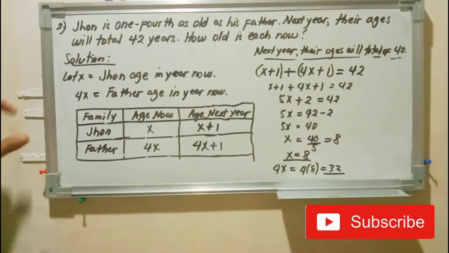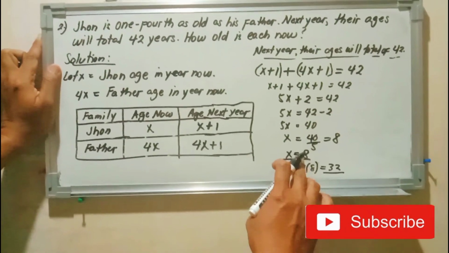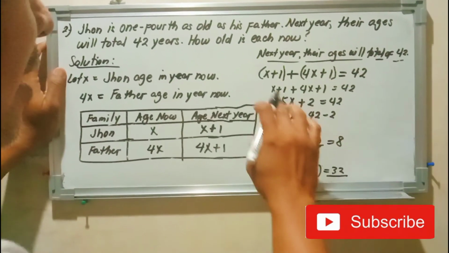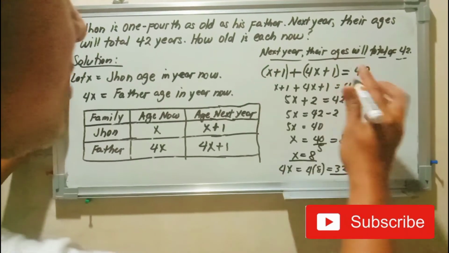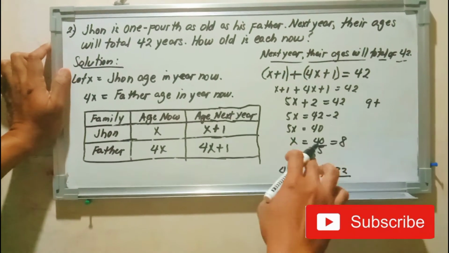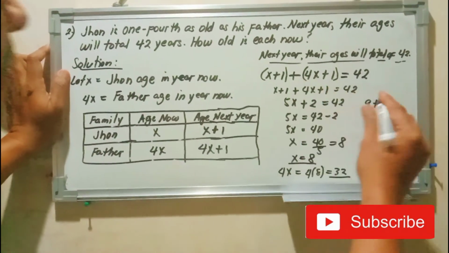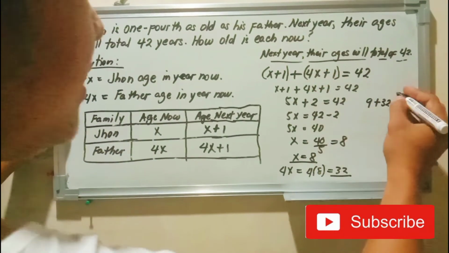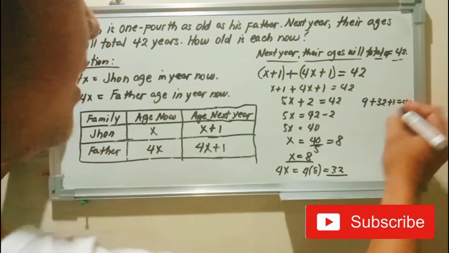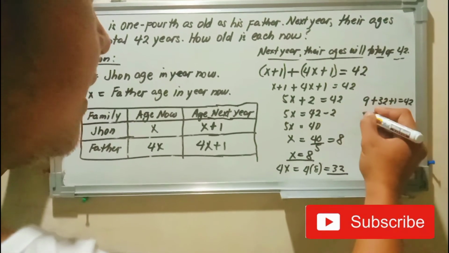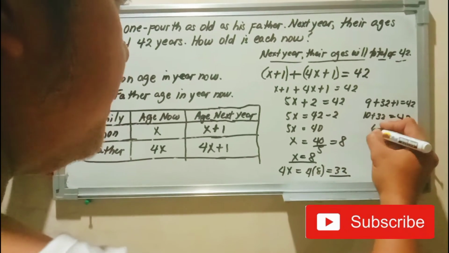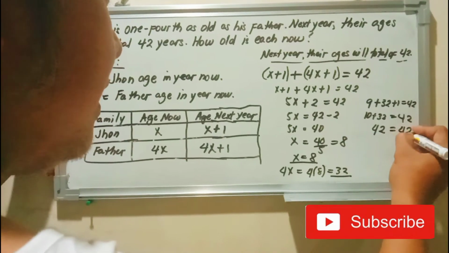So we need to substitute the value of x in the original expression to see whether it is equal to 42. x plus 1, since x is 8, is 8 plus 1, which is 9, plus 4x, 4 times 8 is 32, plus 1. 9 plus 1 is 10, and 10 plus 32 is equal to 42. So meaning they are equal.